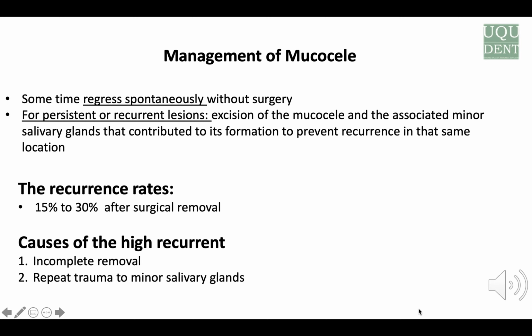You do this to prevent the recurrence. The recurrence rate is from 15 to 30% after the surgical removal. What causes this high recurrence? It is caused when you do incomplete removal of the mucocele or the associated minor salivary gland. It also can be caused by repeated trauma to the minor salivary gland.